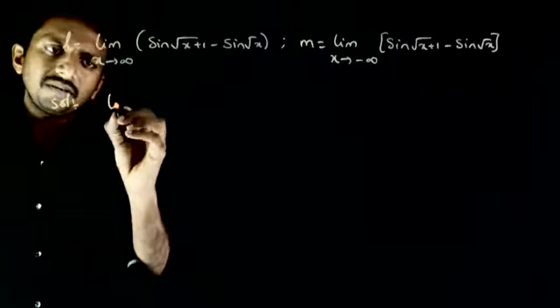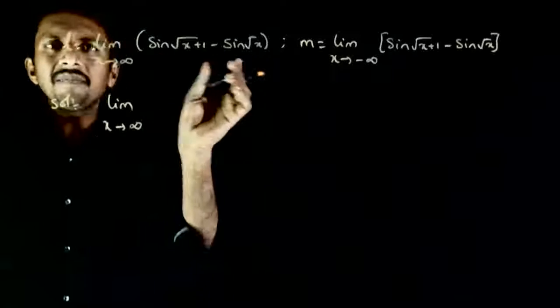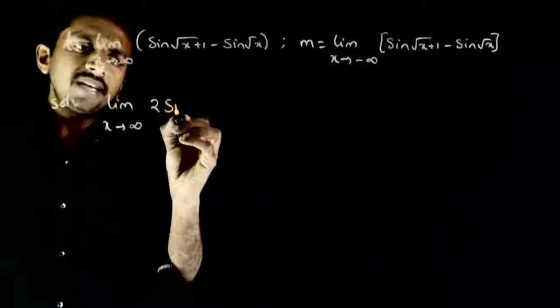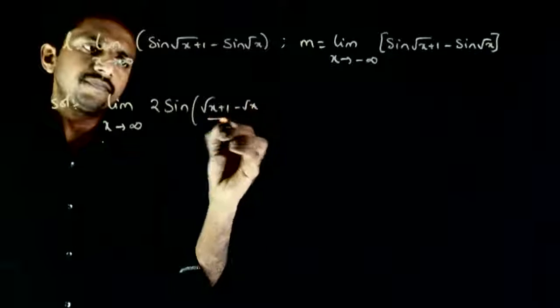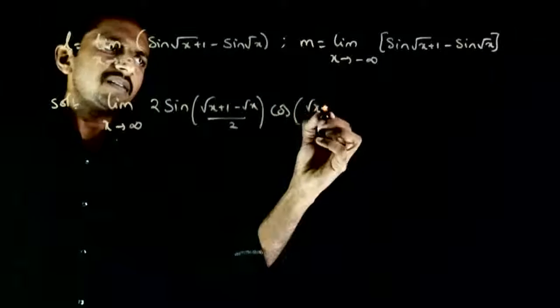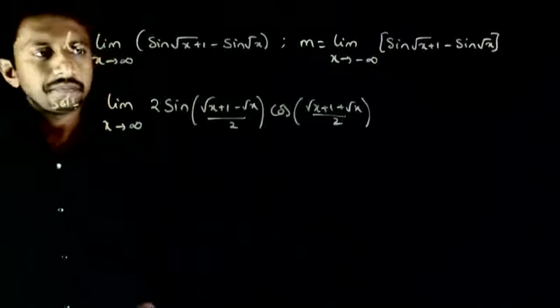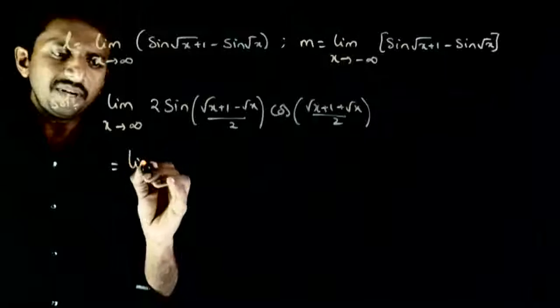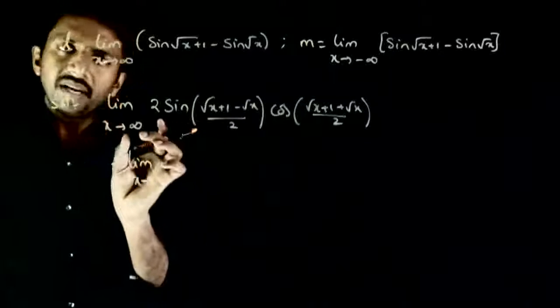So first, limit x tends to infinity, sin c minus sin d, 2 sin c minus d by 2 into cos c plus d by 2, that is equal to limit x tends to minus infinity. So what is happening at infinity?